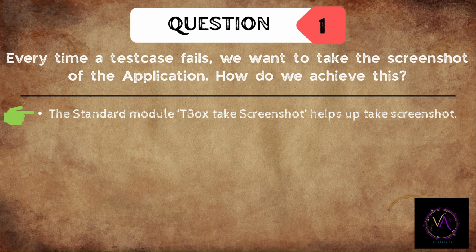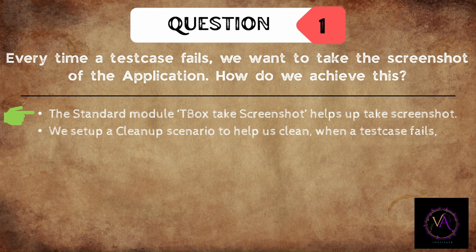Now, how do you actually understand when a test case fails? You can take the control using the cleanup scenario. We set up a cleanup scenario, and that is where we get a grip on where exactly the test case is failing. Now let us combine these two things.